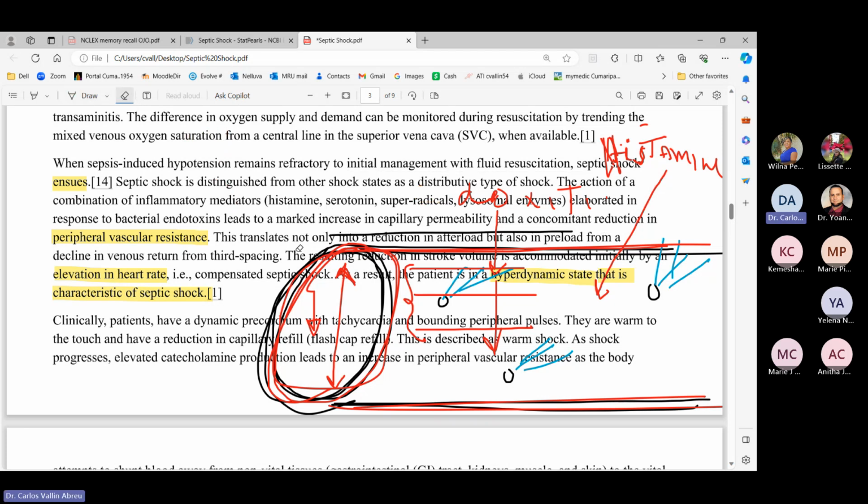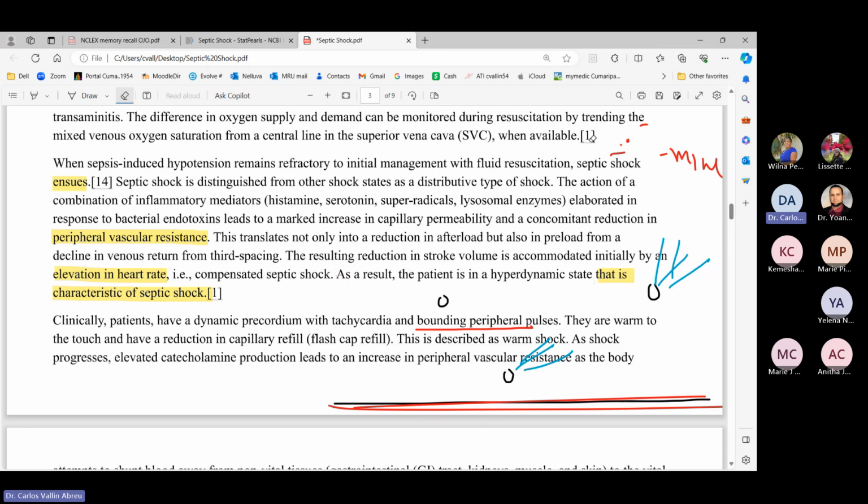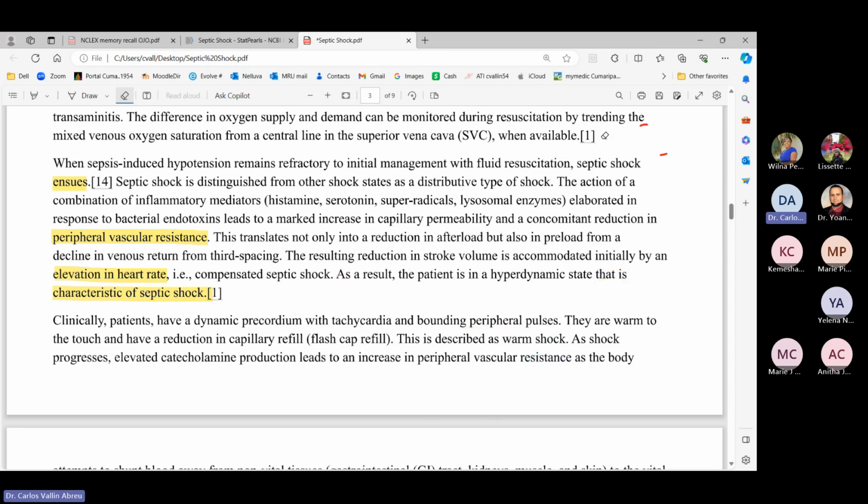Too much vasodilation, hypotension is something that you can understand. Yes, this is the septic shock, a form of distributive shock.